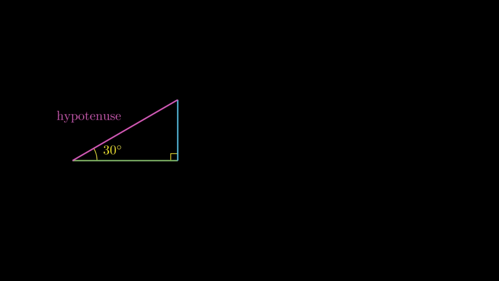What we do is pretend we're standing at that 30-degree angle, and we shoot across the triangle like this, to the blue side. And because this blue side is on the other end of the triangle to the angle we're using, we call it the opposite. It's physically opposite the 30-degree angle we're using. And finally, the green side we call the adjacent.